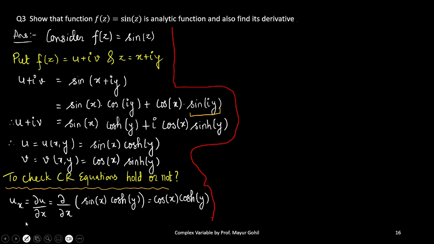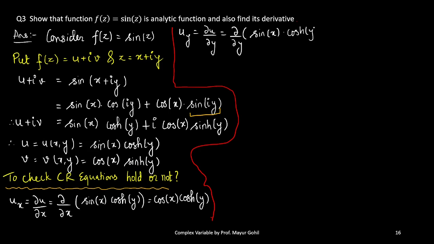The next derivative we calculate is u y, which is del u by del y. Now del by del y operates on sine x cos h of y. Here sine x is constant because we are taking the derivative with respect to y, and the derivative of cos h y is sine h of y.